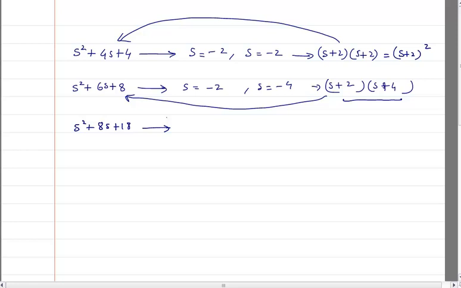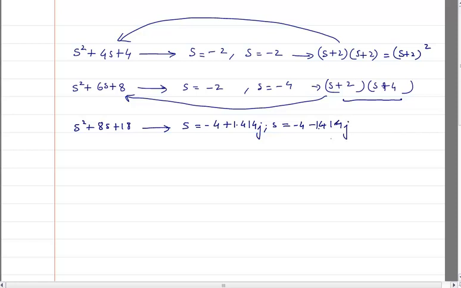If you use a calculator, you will find that the answer comes out to be s is equal to -4 plus 1.414j, and similarly the second one would be s is equal to -4, the conjugate, minus 1.414j.